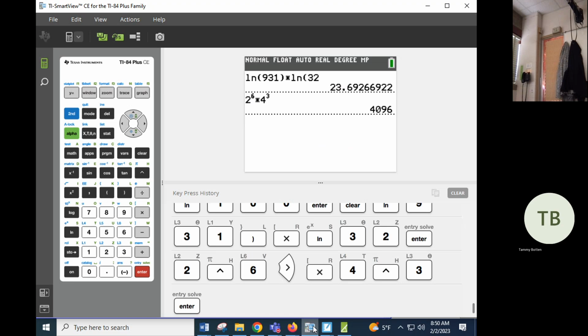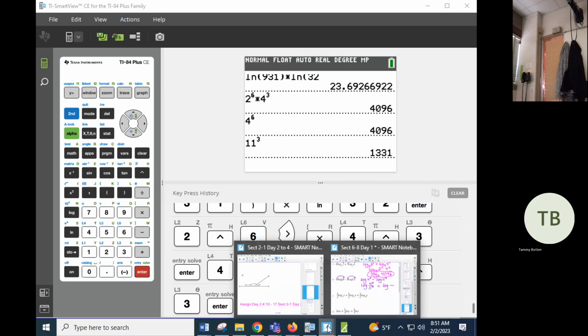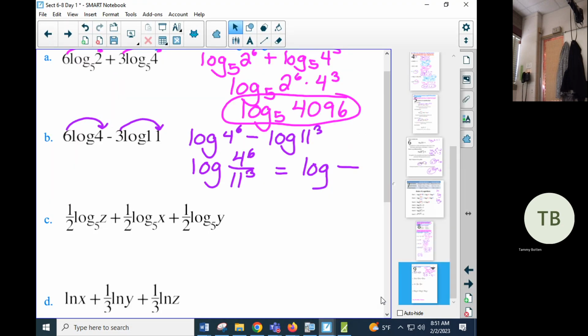So 4 to the 6th power is 4,096. That's going to go on top. And 11 to the 3rd power is 1,331. That's going to go on the bottom. So on top, we get 4,096. And on the bottom, we get 1,331.